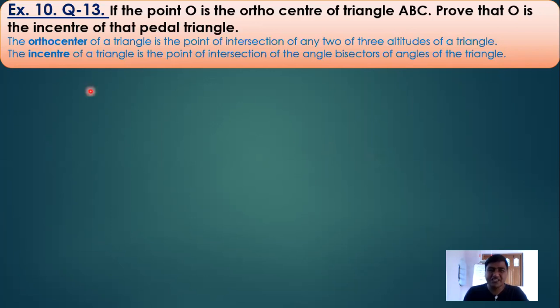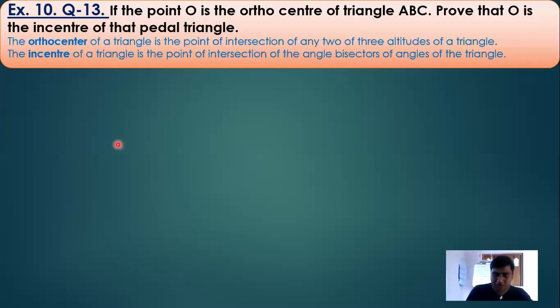And what is the incenter? The incenter of a triangle is the point of intersection of the angle bisectors of the angles of the triangle.